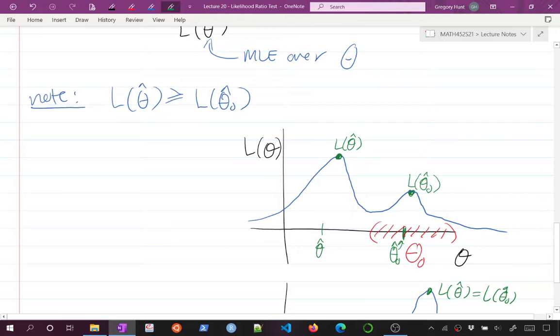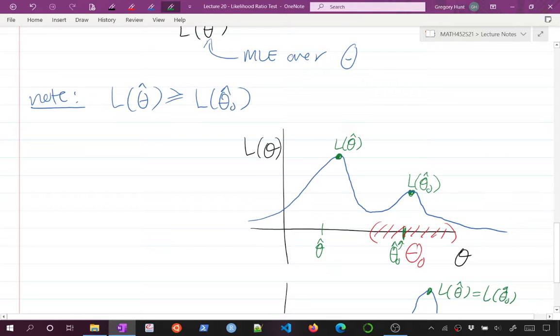It can't be that the MLE in my null hypothesis is bigger, because then that would just be the overall MLE, since the overall MLE can look in the null hypothesis. If that was the bigger one, it would just choose that as the MLE.